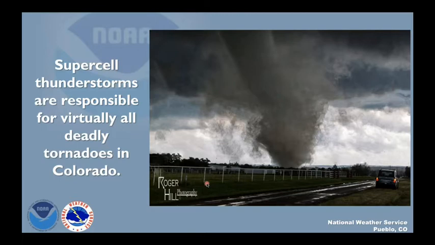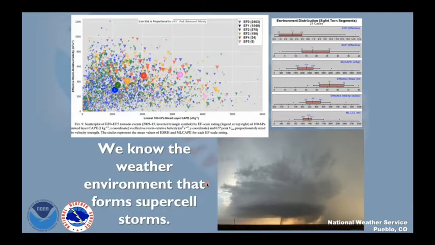They're associated with large hail too. So they're just obviously a more dangerous kind of storm. But we generally know, like I said, with our watches, we're pretty good at determining what's going to happen in a general area.